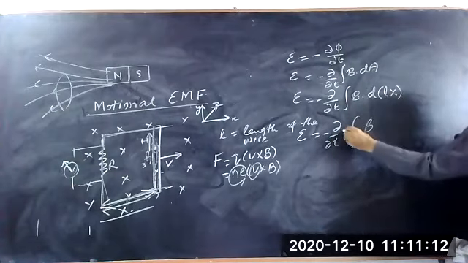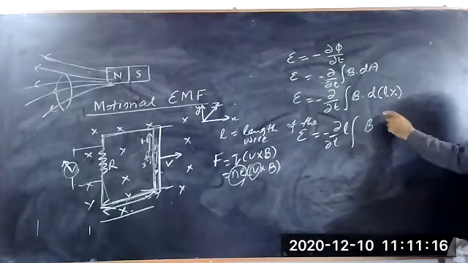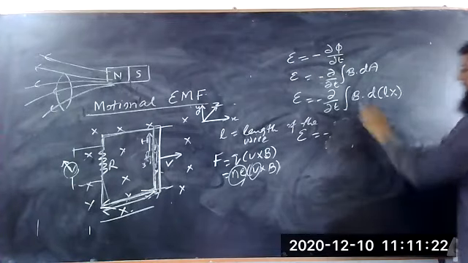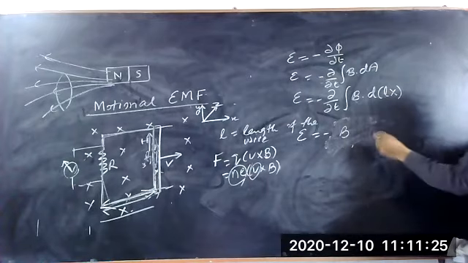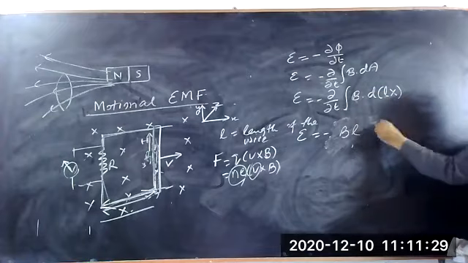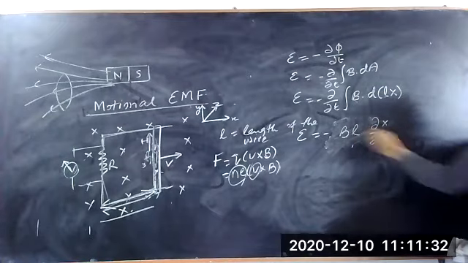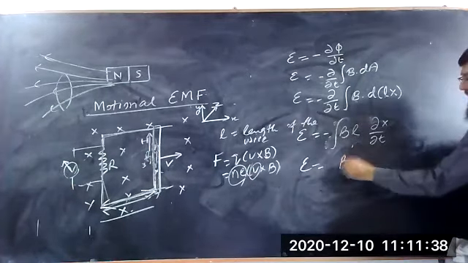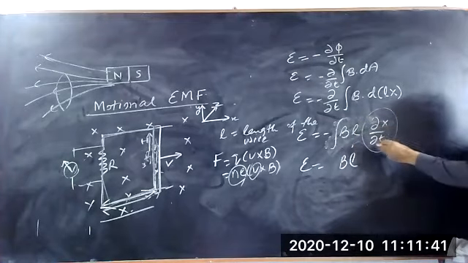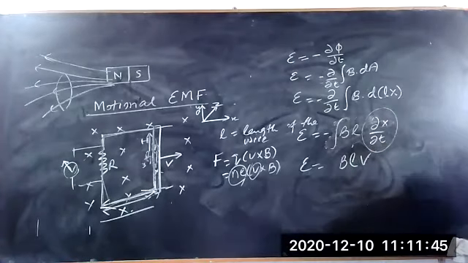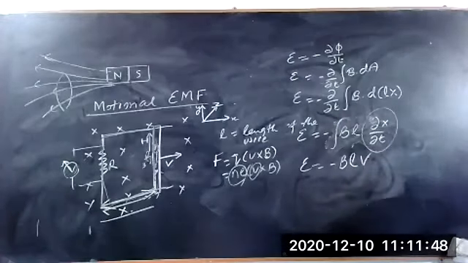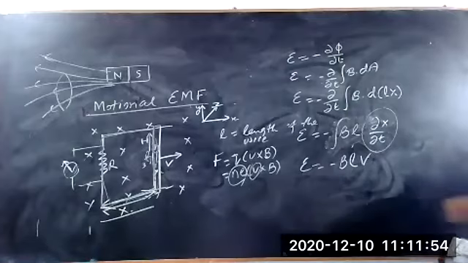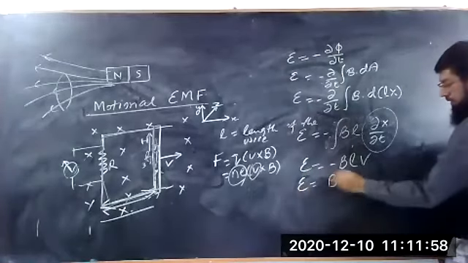L is constant, so it can be taken out of the integral, and we get B L times dx over dt. Here dx over dt is the velocity, meaning the distance changes with time. So the EMF is equal to B v L.